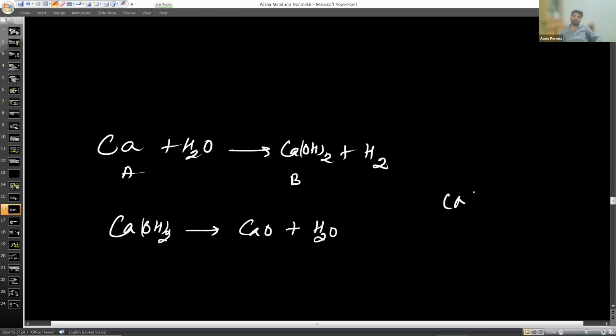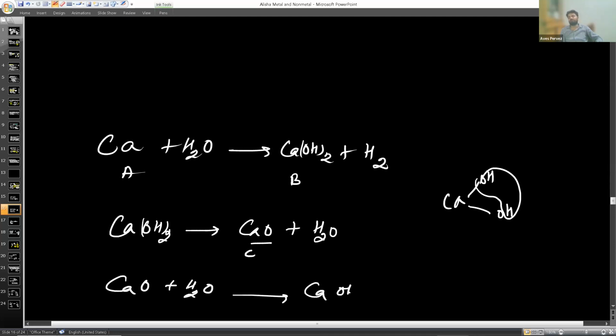Like we have Ca(OH)2, the OH comes out and it forms calcium oxide and water. This calcium oxide is compound C. When we react it back with water, it will again give you compound B. So the reaction will reverse. Understood?